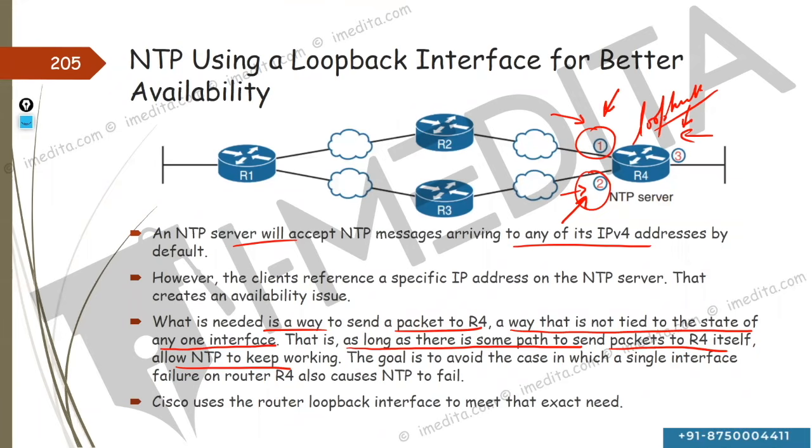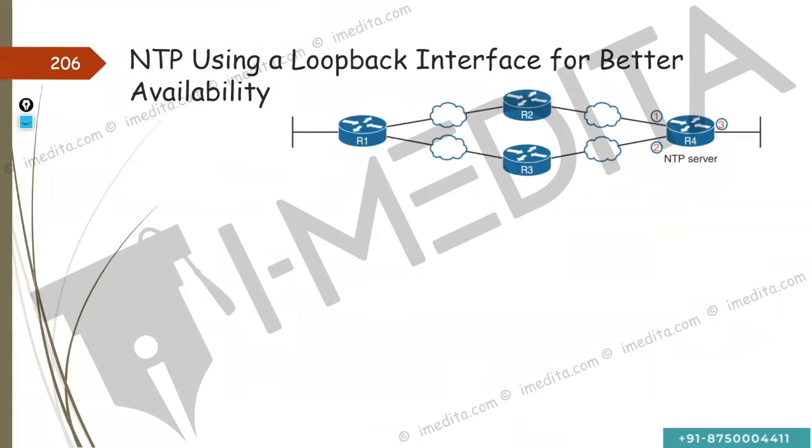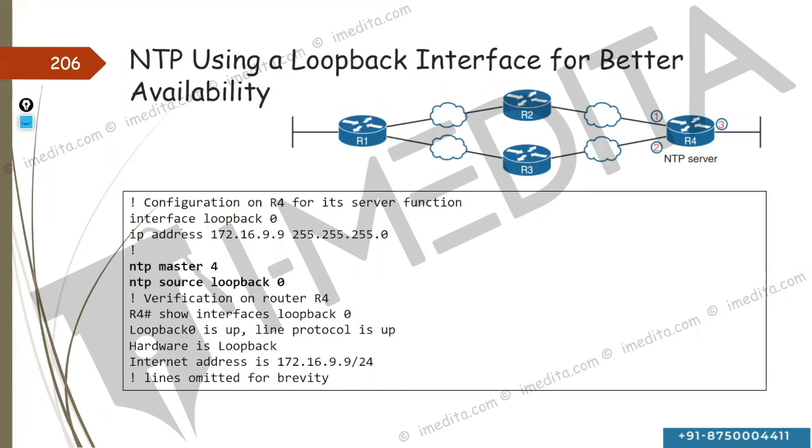Now, this also requires a little bit of configuration on the NTP server device. On R4, apart from configuring the loopback interface, which you already know how to configure on a router, you will give the command NTP source loopback and the loopback interface name.